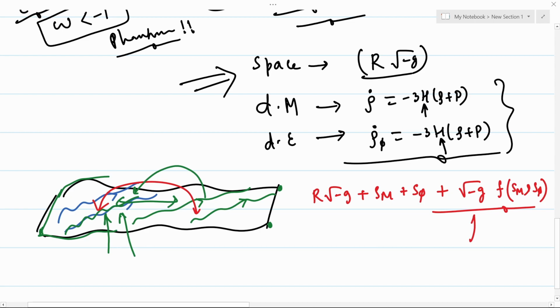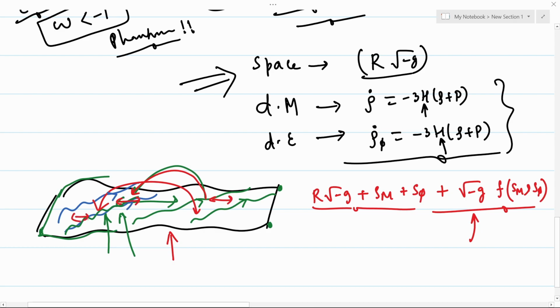Now if you have these kinds of scenarios, they are not talking with each other, and still these guys are minimally coupled with the fabric. It means that if space-time is evolving, they will always evolve, but now they have a direct interaction between them, so if something is changing here, it is going to affect here.